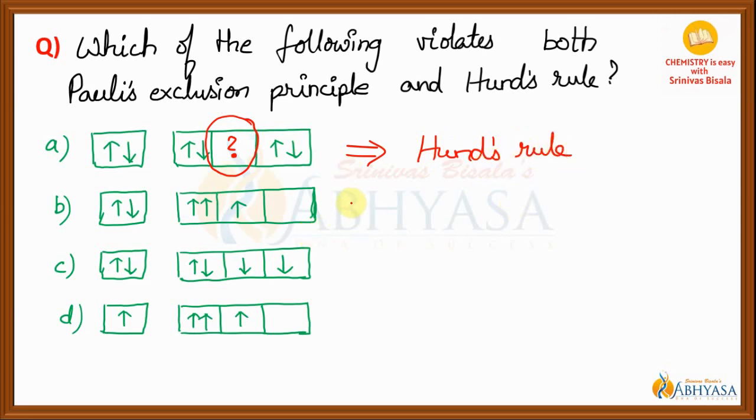Let's move to the next option. Here again lower energy orbital is completely filled. So Aufbau principle is followed. And see here, both the electrons are spinning in the same direction. In an orbital, when both the electrons are spinning in the same direction, it means that is not obeying Pauli's exclusion principle. So Pauli's principle is not followed here.